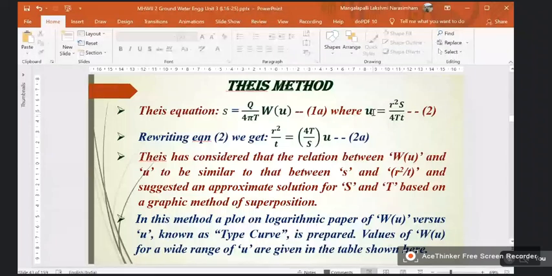That means you have to conduct the test for a longer period to be able to apply the Cooper and Jacob method. That is the limitation of this method.